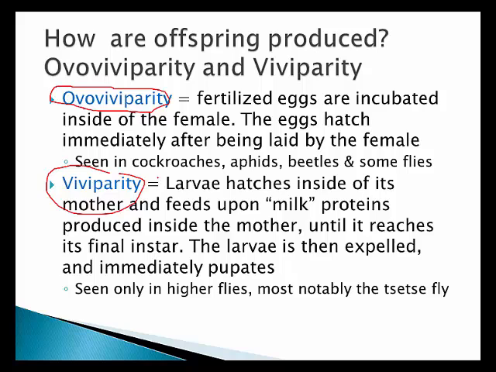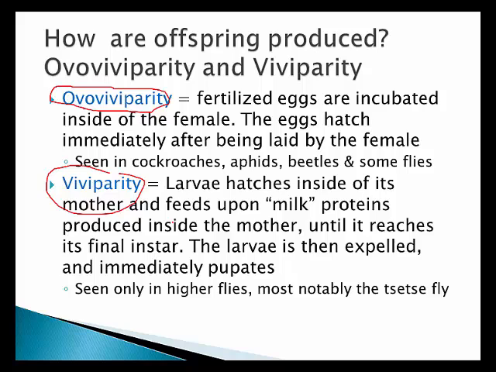But then the eggs hatch while they're still inside the female and become larvae while they're still inside the mother. And so she will eventually lay larvae instead of eggs out into the environment when she's ready to go to that step.